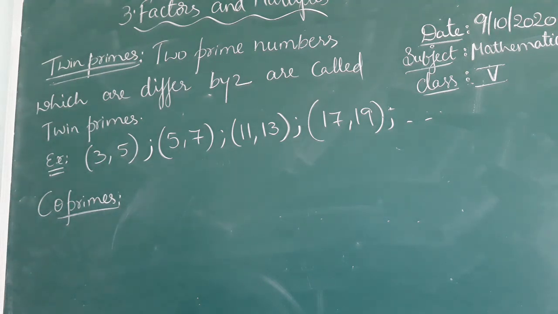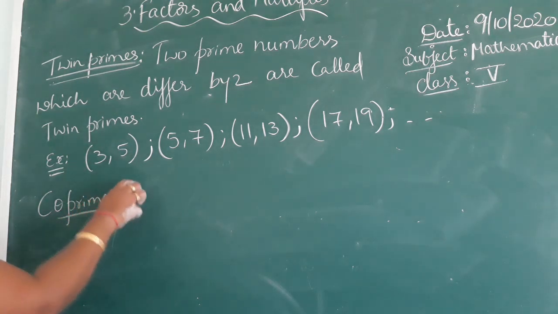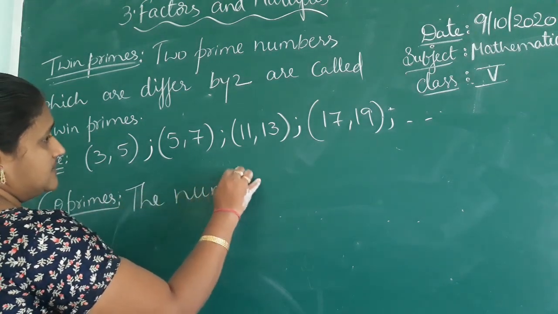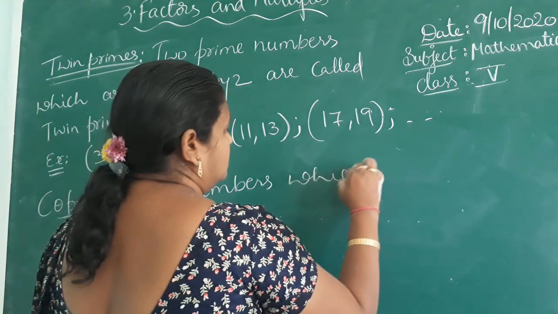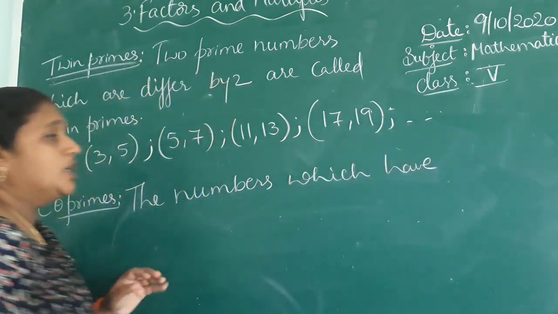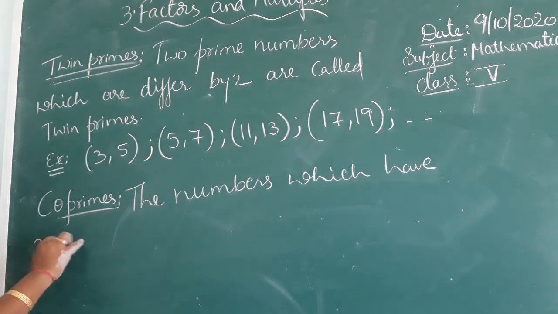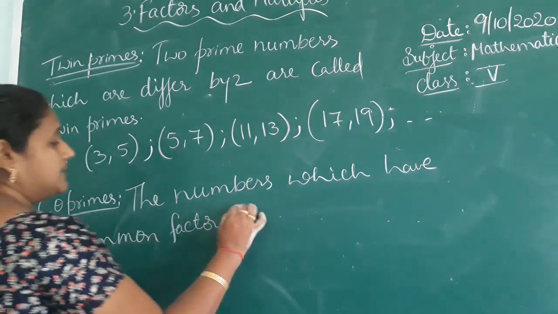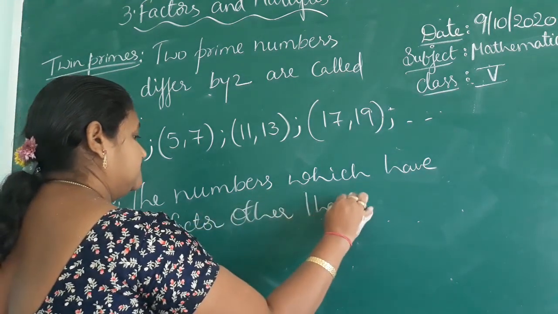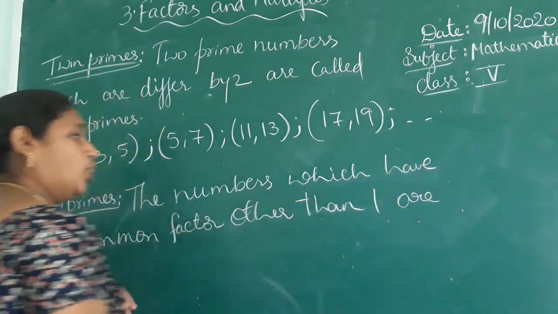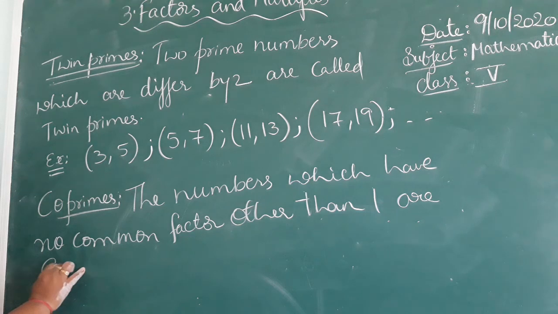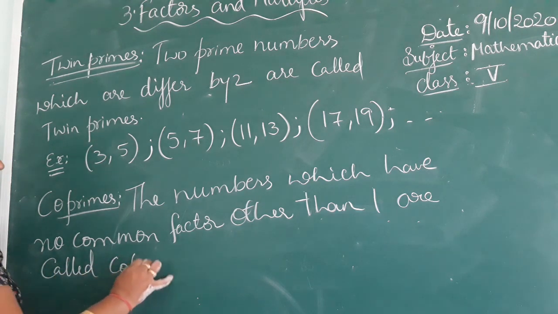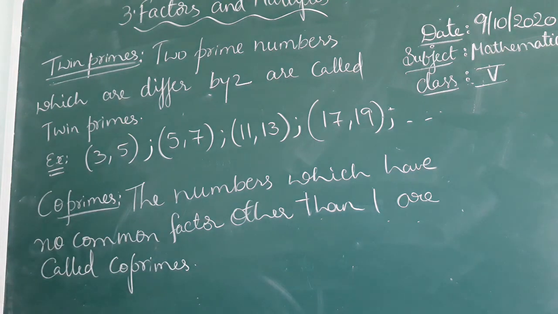The numbers, not prime numbers, the numbers which have no common factor other than 1 are called co-primes.